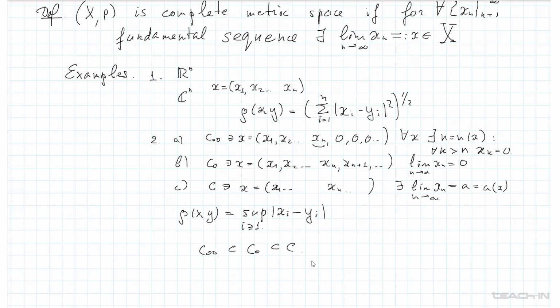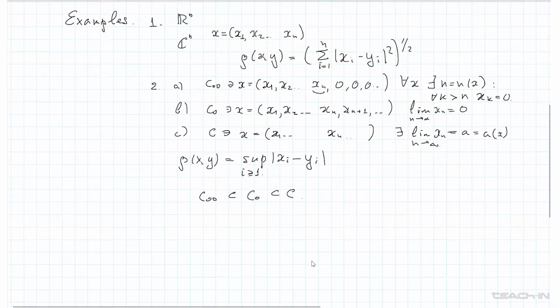What can you say about completeness of this space? Let's discuss. The Euclidean space, the finite dimensional spaces are complete, yes? Because all convergence is coordinate convergence. I didn't define the convergence in metric space, but the definition is very simple.